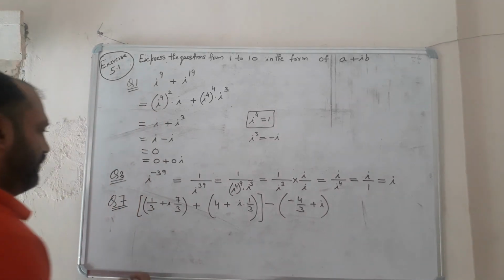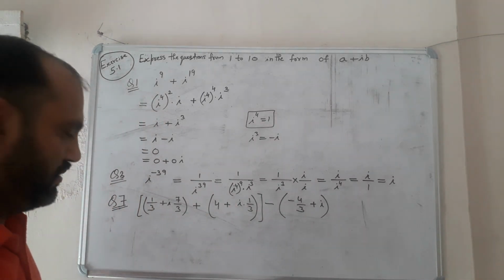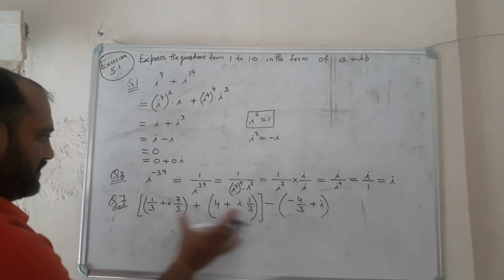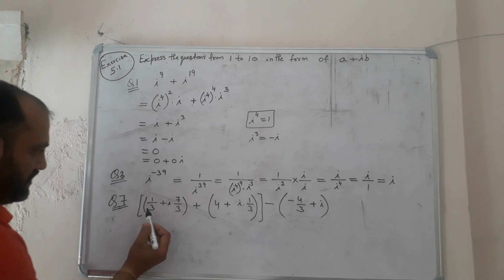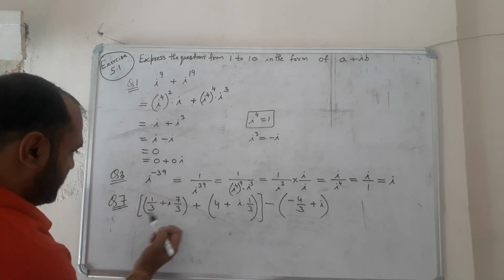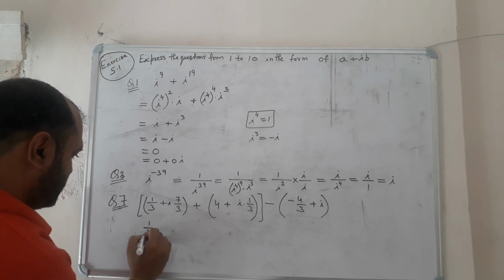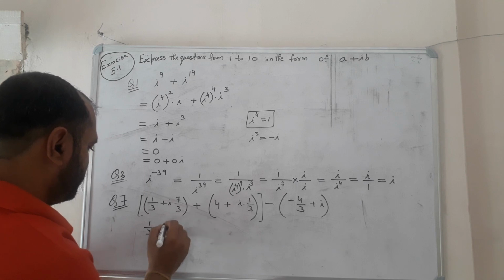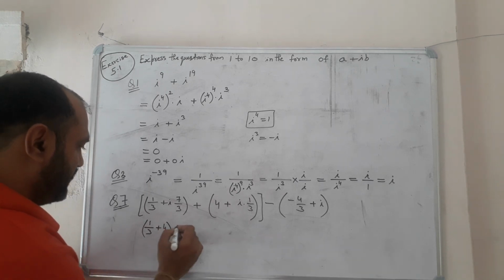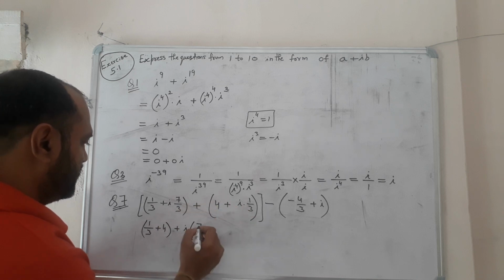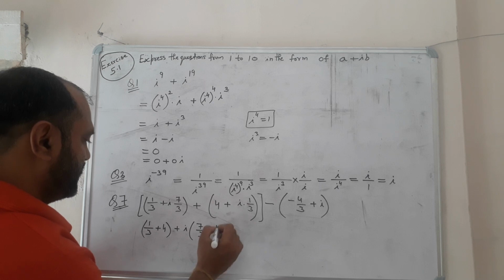So we have to simplify this number. First of all, we simplify this square bracket. Firstly, add real part to real part, we get 1 by 3 plus 4. Imaginary part is to be added to imaginary part, this is 7 by 3 plus 1 by 3.